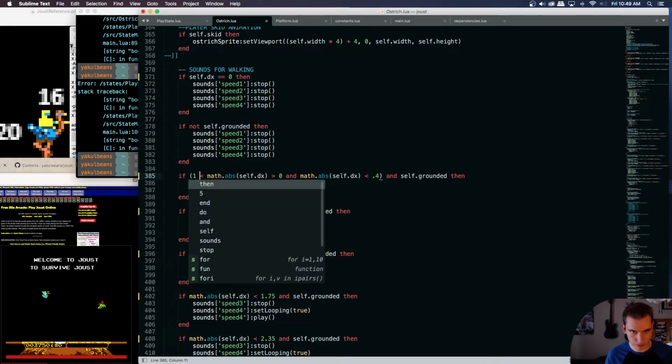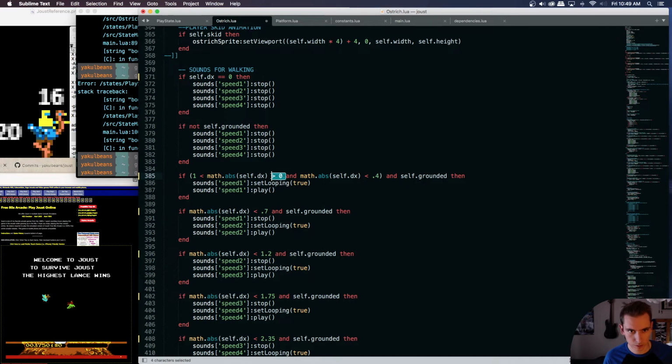Just as an example, in Python you could do something like that, which is nice and clean, because you say math.abs is greater than 1 but smaller than 2.